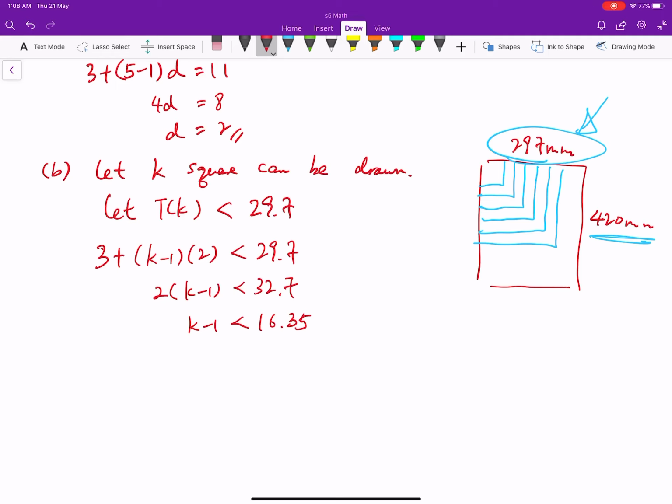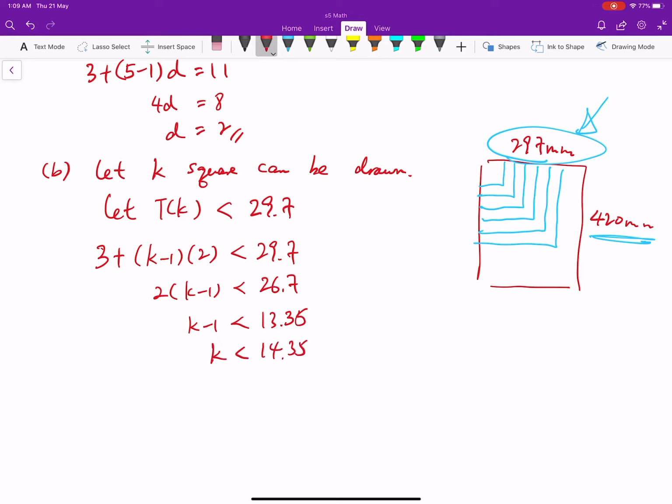Sorry, I made a mistake here. It should be 26.7, and this is 13.35, and then finally we get k smaller than 14.35.